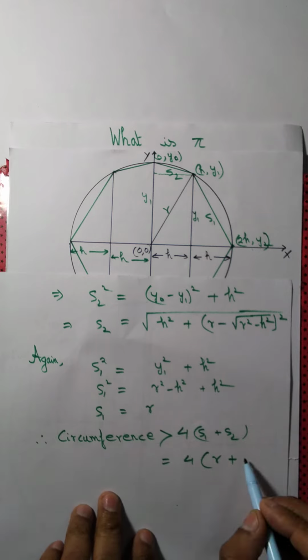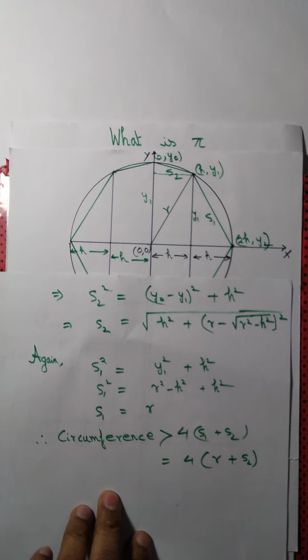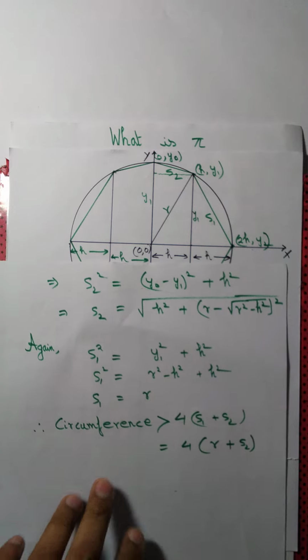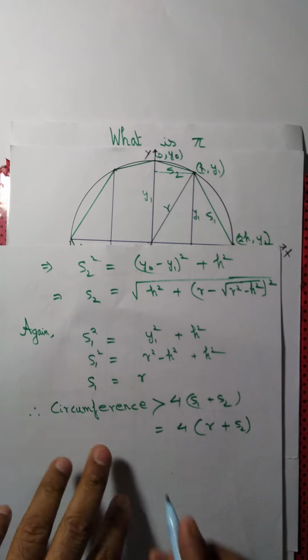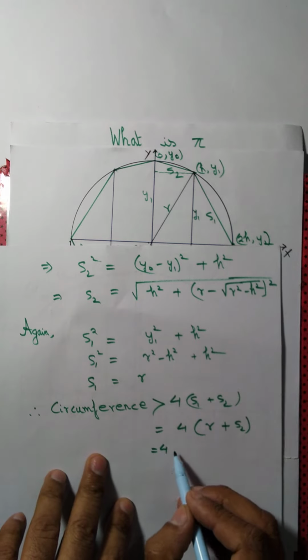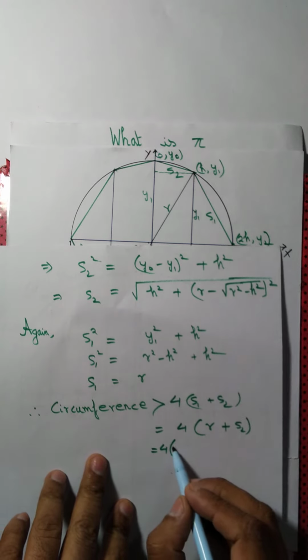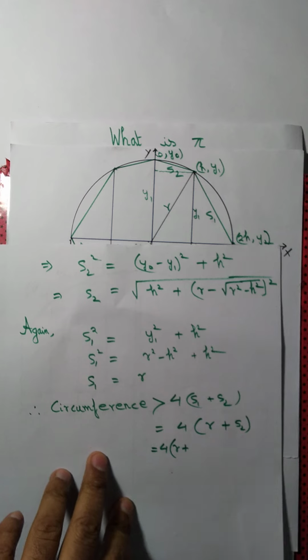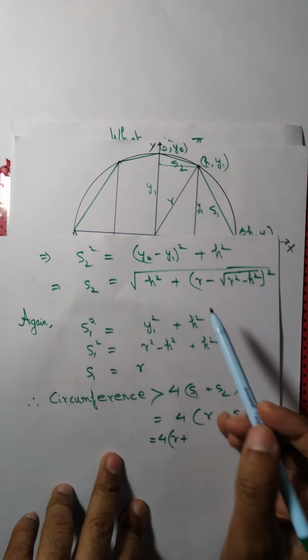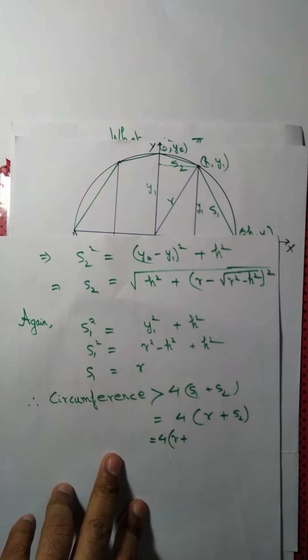Let's write S2 only here. S2 is equal to 4 times R plus, let's take R common from S2.